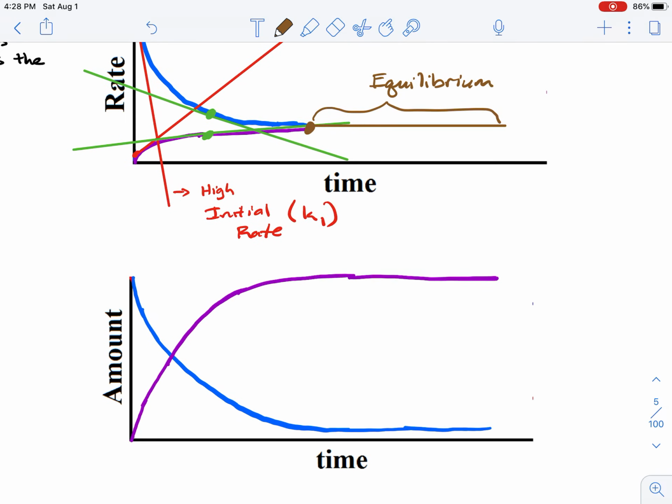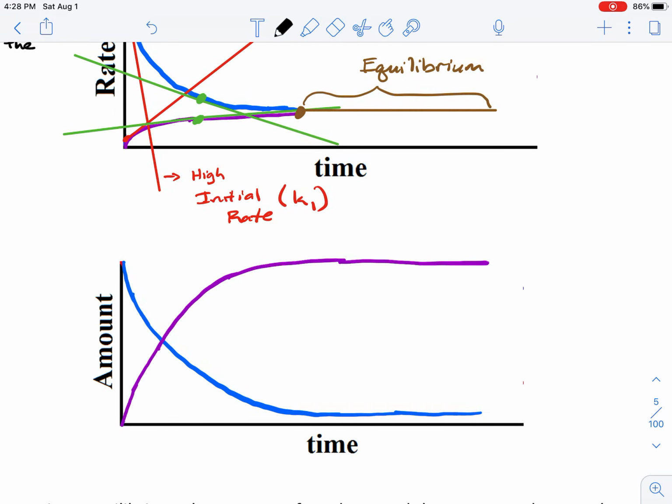I'm going to switch to black. Here we have reactants being consumed, so I'll just put in reactants, and this is going to be the amount of products being produced. Please pay attention to the y-axis. We're talking about amount of reactants and amount of products.